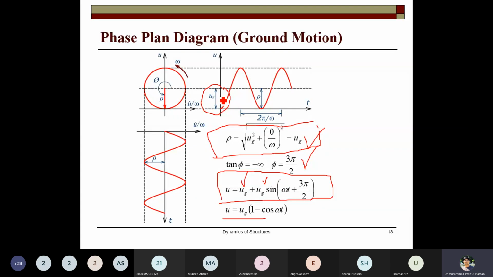And finally, you can plot the system. You see that velocity becomes 0, and this is the response of the system subject to these conditions. The amplitude is the same rho value, but when you plot it, phi comes out as 3 pi by 2. So this is the response of the system subjected to the ground motion.